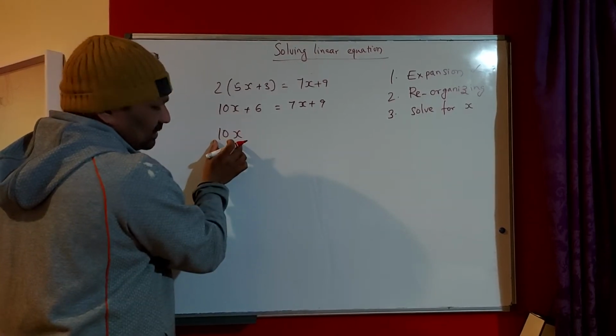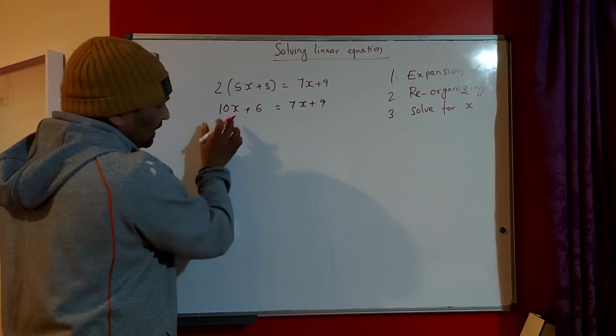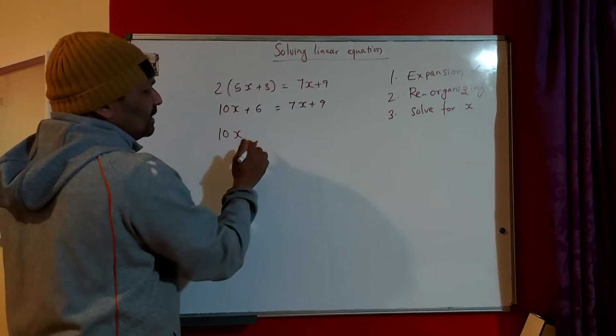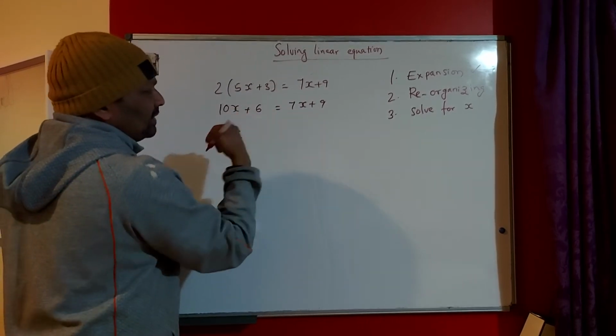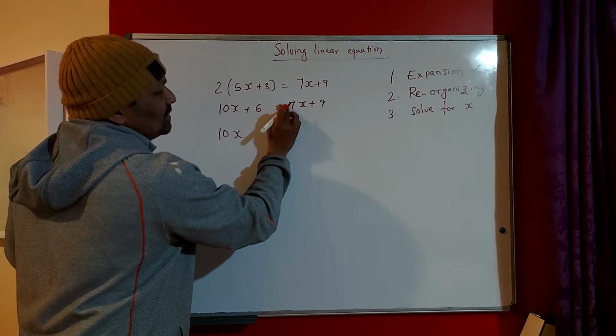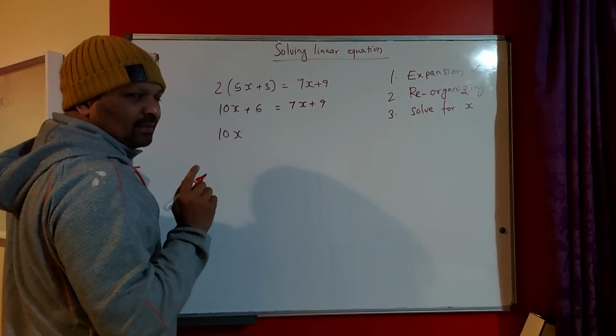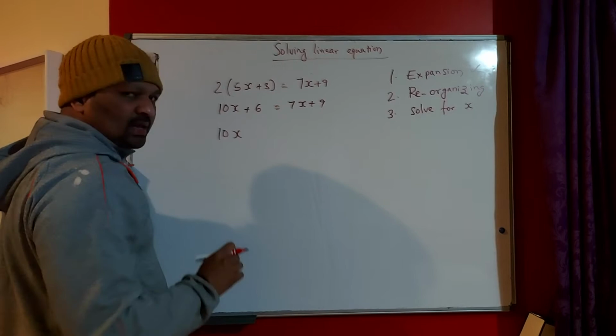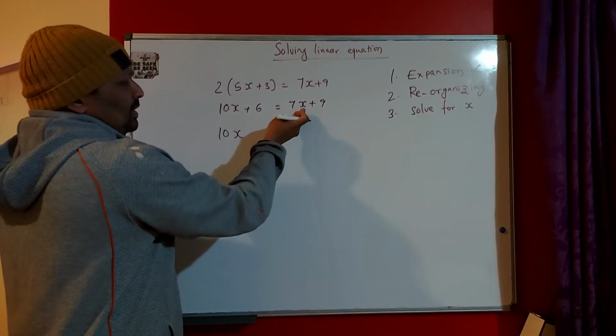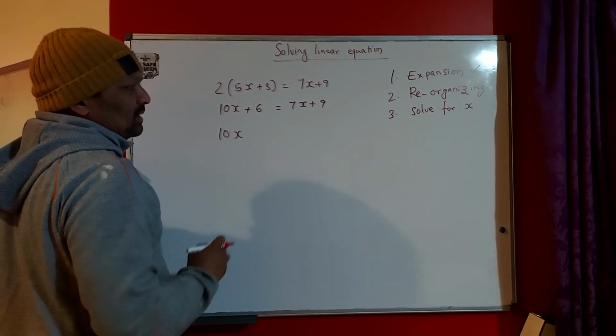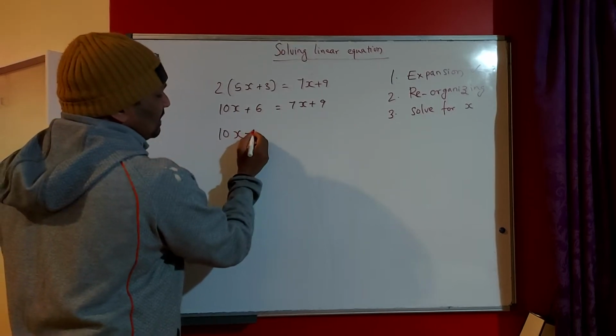10x I left it on the left side only. The 7x I am going to bring to the left side. If I bring it, what is the sign here? It's a plus sign. If there is nothing, you can consider it as a plus 7x. If you bring it to the left side of the equal to symbol, this becomes a minus 7x.